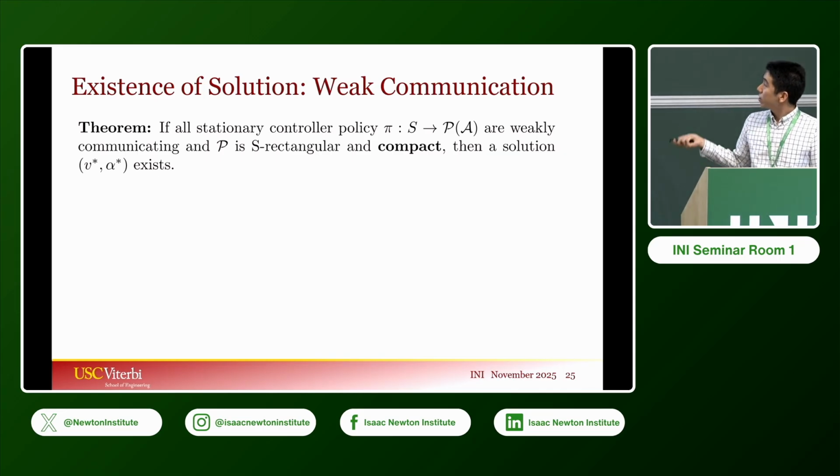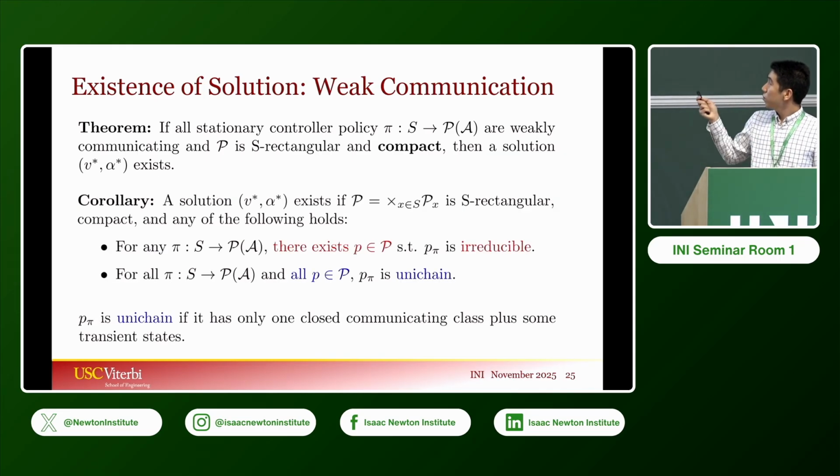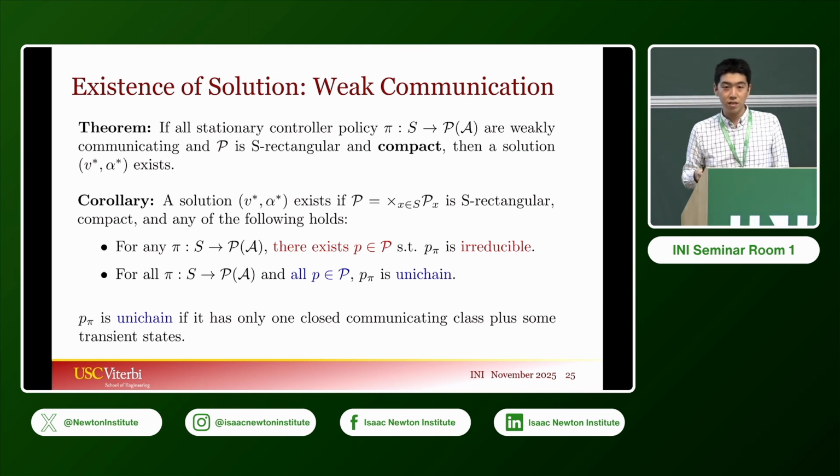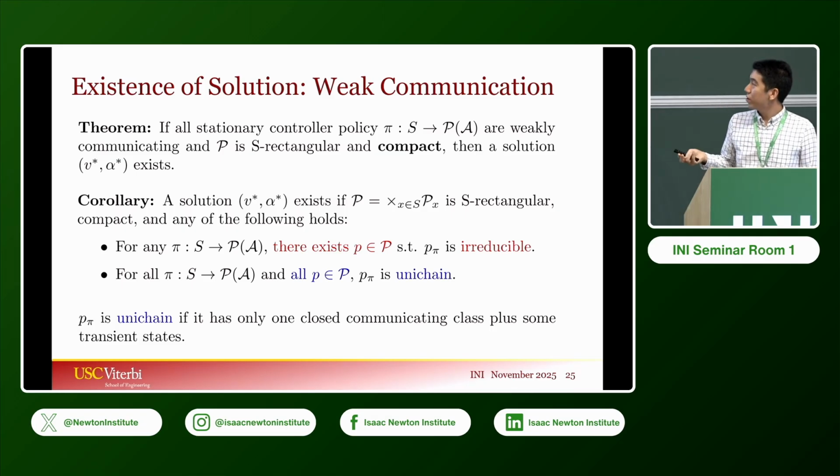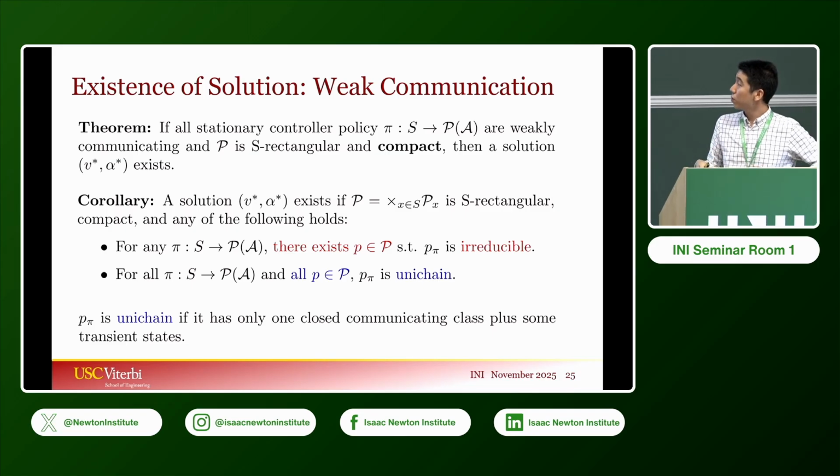Although weakly communicating is a standard assumption in the classical MDP literature, and it's not hard to check. Here I'm also showing a corollary that is easier to work with and maybe more intuitive.